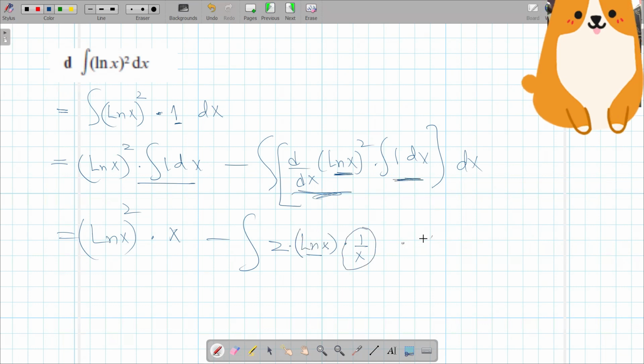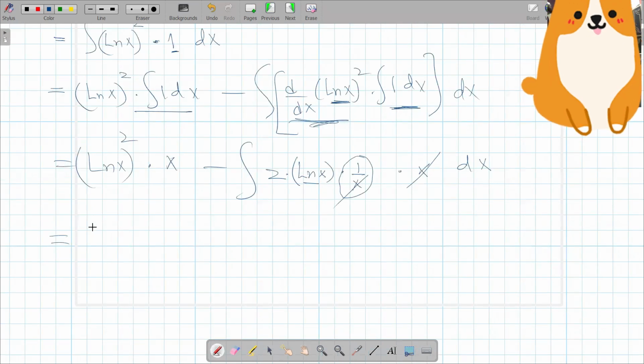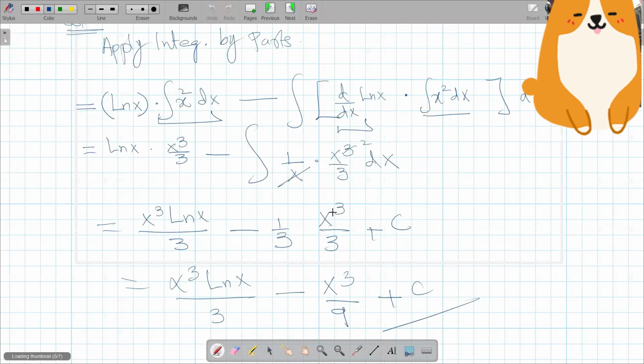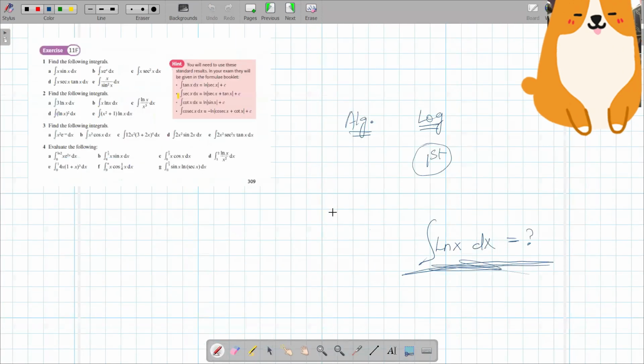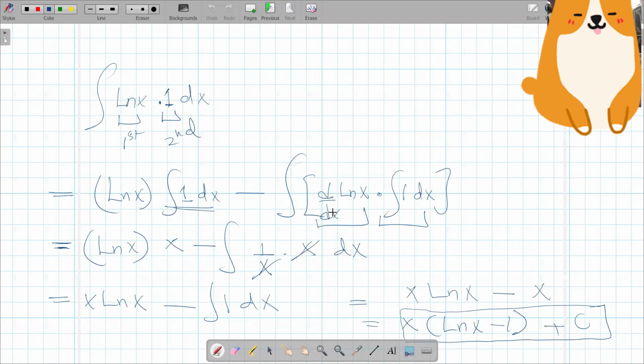Okay, what is the integration of 1? It is x. So x will be cancelled. What is left? x (ln x) squared minus the integral of 2 ln x. We have just calculated this. It was equal to x times (ln x minus 1).